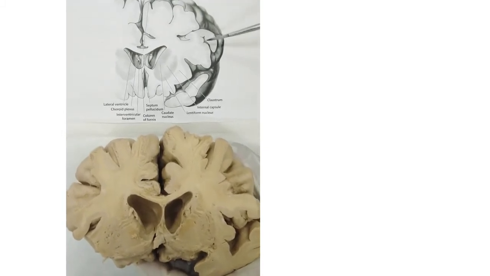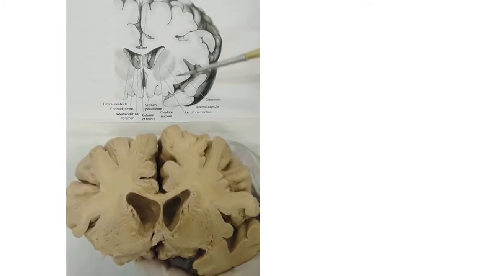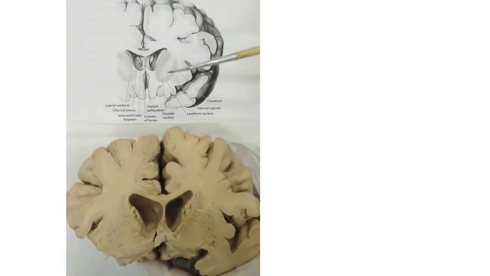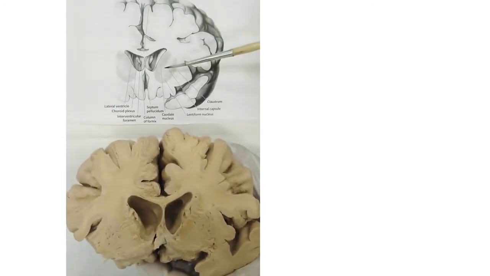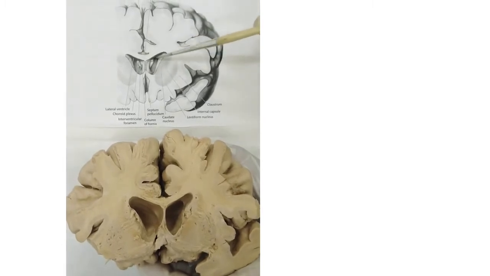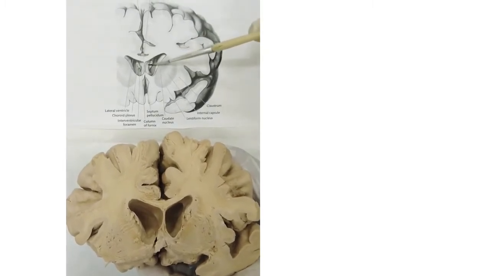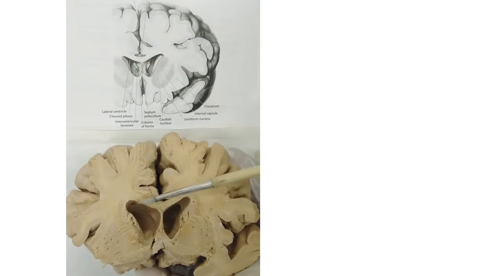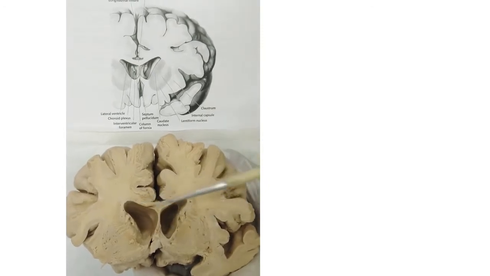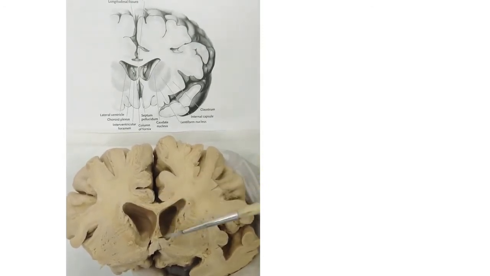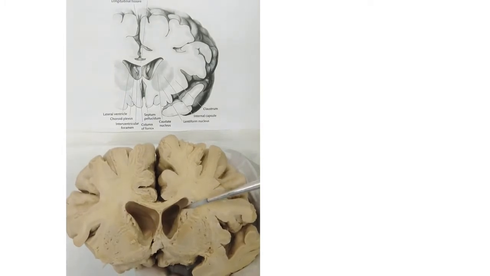This section of the brain is taken behind the genu of the corpus callosum. Here you can see in this figure the cavity of the anterior horn. Similarly, you can see in the specimen also the cavity of the anterior horn.